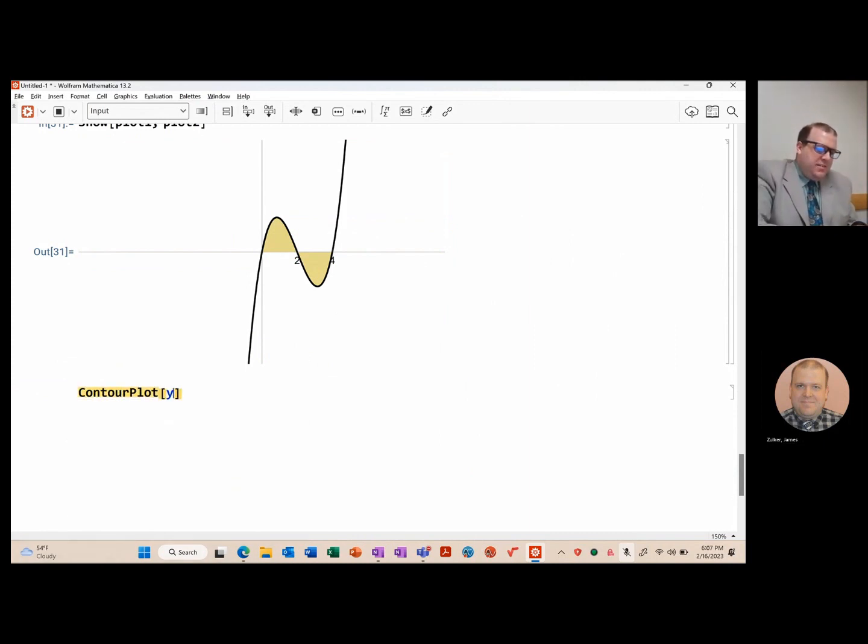Then we have to do a contour plot. y squared equals x squared minus x to the fourth. I happen to know I only want to go... and even that's kind of too far.